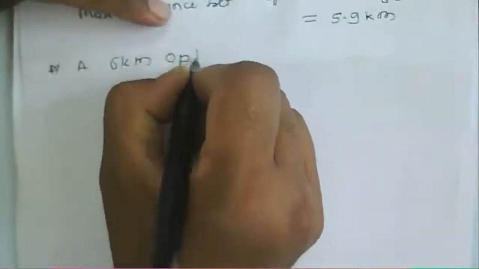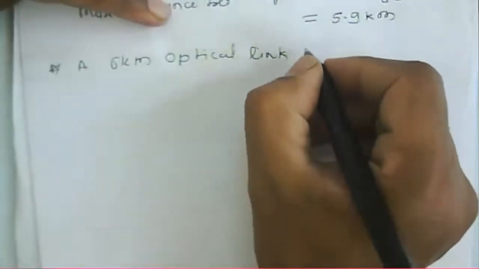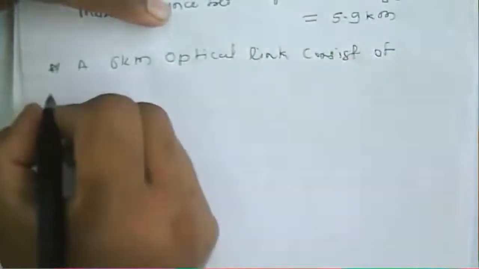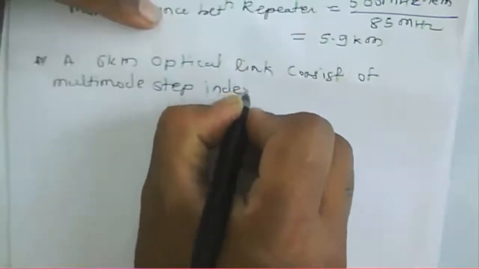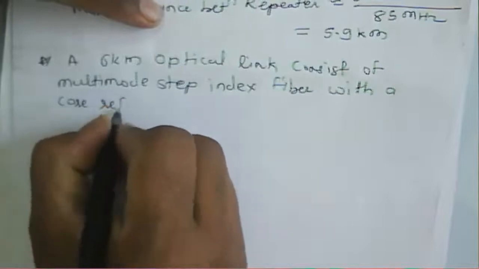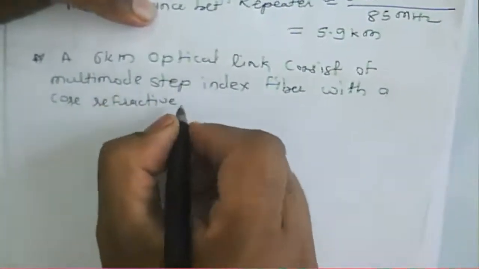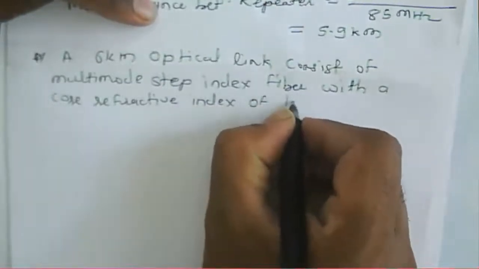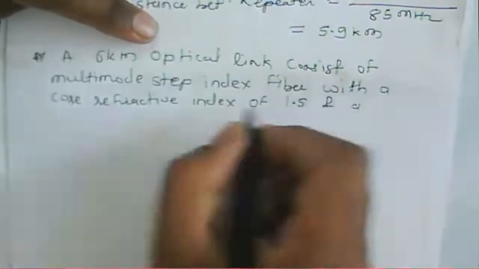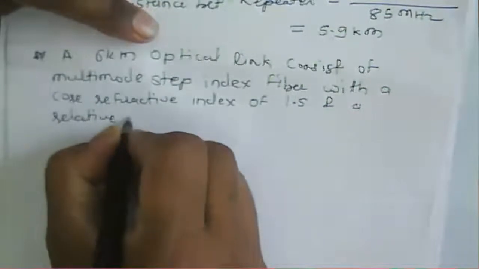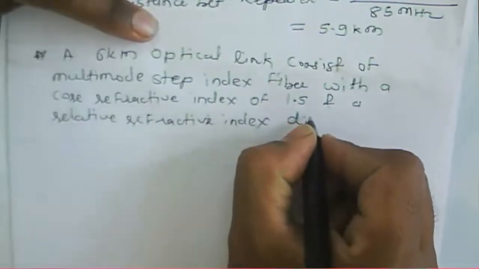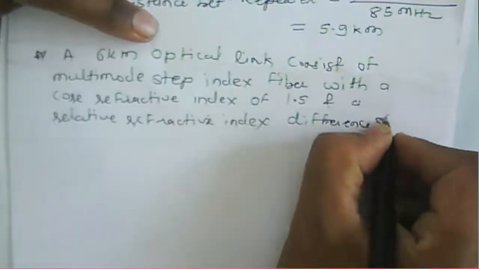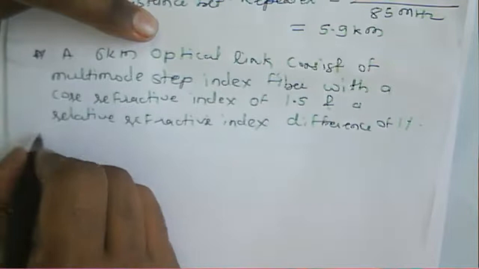A 6 kilometer optical link consists of multimode step index fiber with a core refractive index of 1.5 and a relative refractive index difference of 1%.